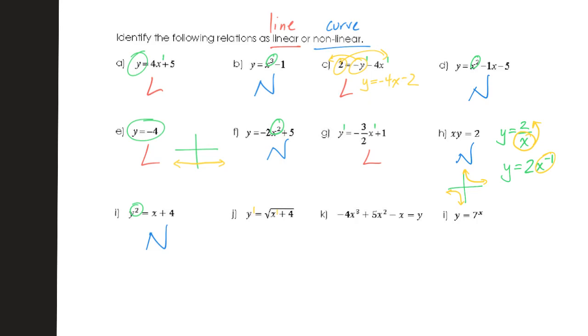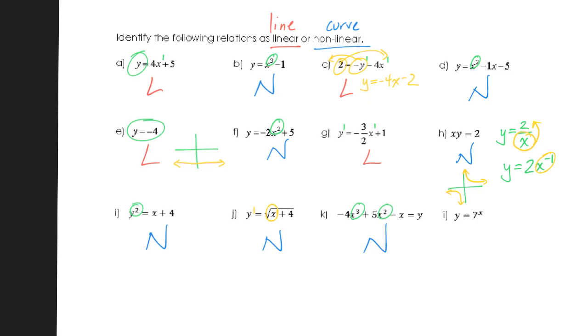However, what we don't realize is that exponent 1 on that x is underneath a root. It really doesn't have an exponent 1 on it. It's the square root of x plus 4, and that gives us a nonlinear graph. Again, feel free to punch it into Desmos to get a little confirmation. On K, well, you got a cubed, you got a squared. We have so many exponents that aren't 1 that pretty quickly that one is nonlinear.